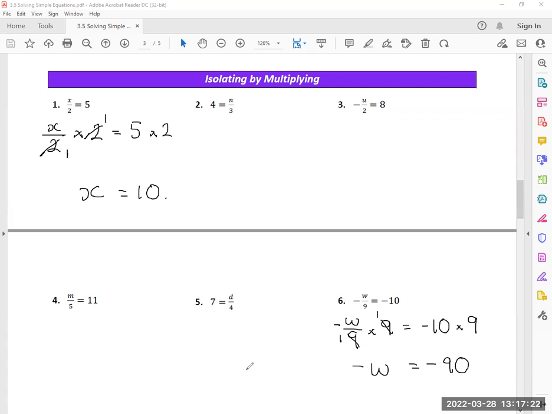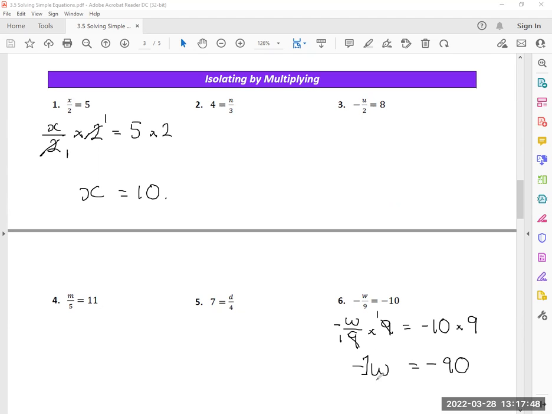W is not actually alone right now. It's a negative w. So how do I get this negative 1 multiplying to w out of the way? Key word: how do I get rid of a multiplication of a negative 1? What's the opposite?